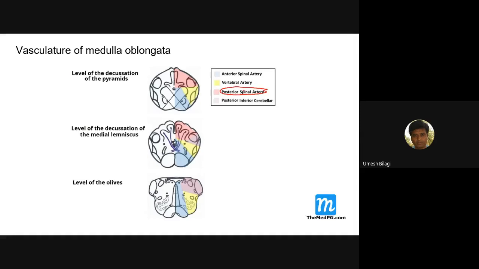These two things you should remember. Whereas the vertebral arteries are there at all the levels. You can see the vertebral artery here at all levels.